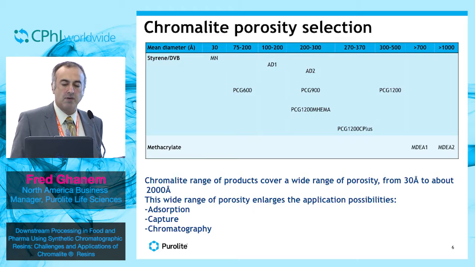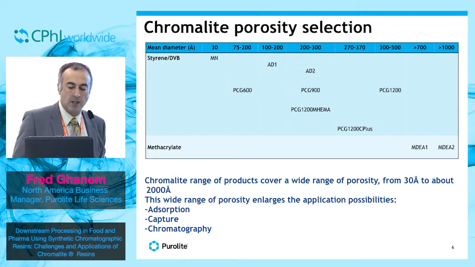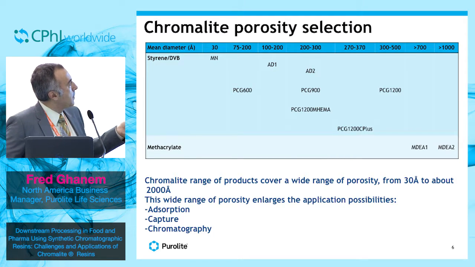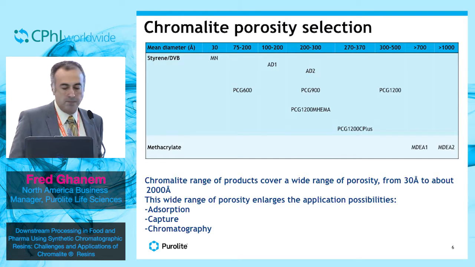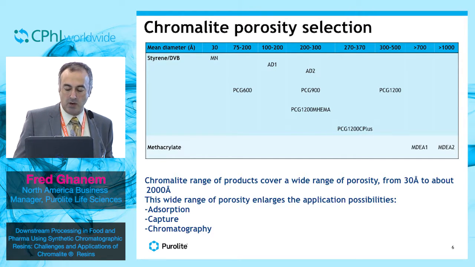Then we have 75 to 200 angstrom pore diameters, such as PCG 600, 200, 300, PCG 900, and PCG 1200. Every single pore structure is offered for your separation. It doesn't really matter what the molecular size of the product you're working with is. We have a product that will do the purification for you.